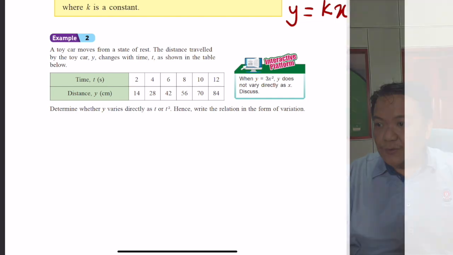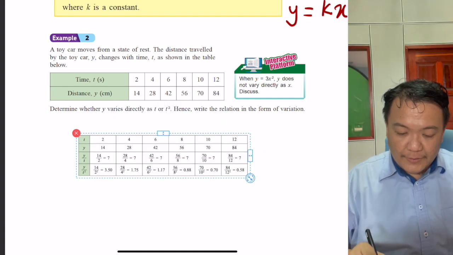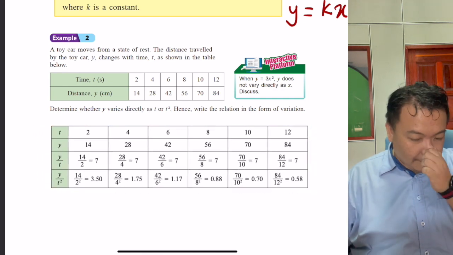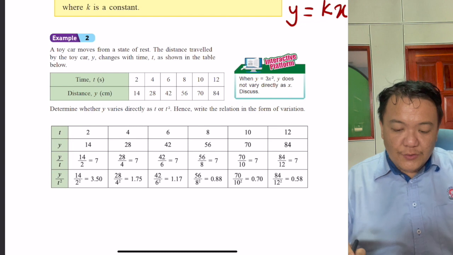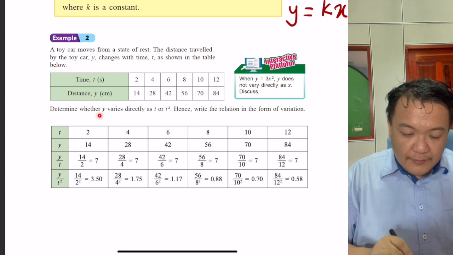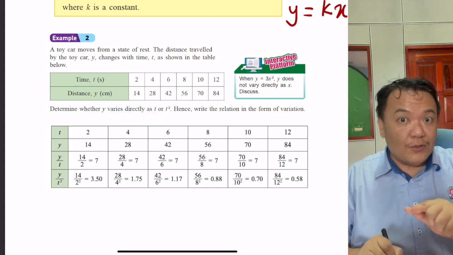Okay, so for example, this table. Okay, so what you need to do, so look at the question. Determine whether Y varies directly as T or T square.